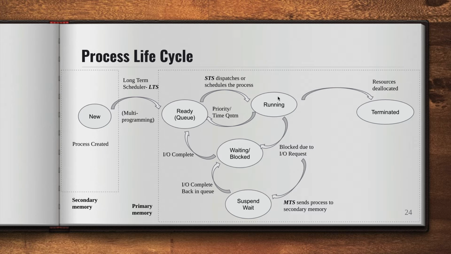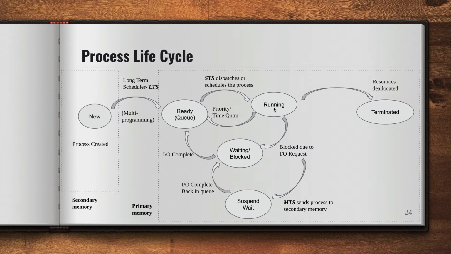The CPU at this point starts executing the program. Okay, and once it finishes its execution, the program is terminated, and whatever resources were allocated to that program are then released. Okay, so that's your standard process, and the job of the long-term scheduler is to move the program from new state to ready state. The short-term scheduler moves it from ready state to running state.